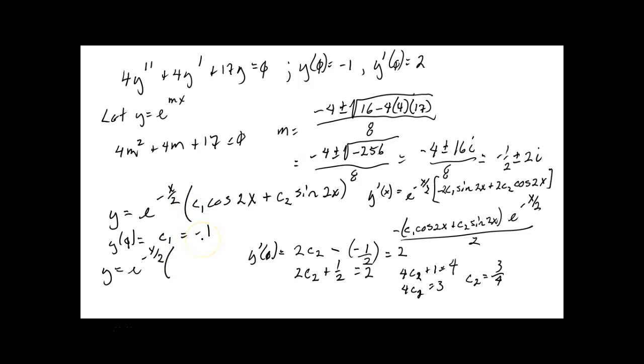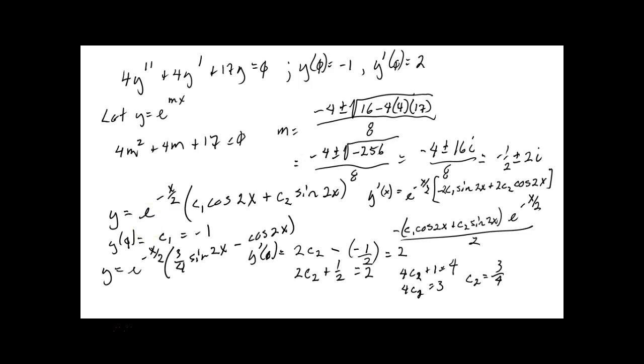I'm going to write the positive one first just because I like to. 3/4 sine of 2x minus cosine of 2x. That's probably not how the book writes it, but that's how I like to. And that is an x there that kind of looks like a y, but it's not.